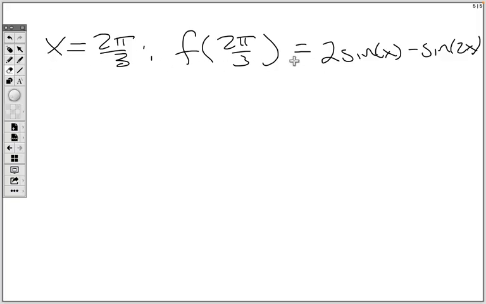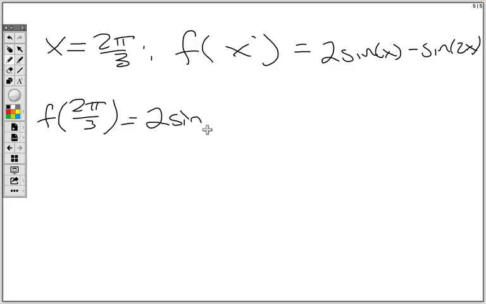So f of 2 pi over 3 would be 2 times the sine of 2 pi over 3 minus a sine of 2 times 2 pi over 3. That'd be a 4 pi over 3.